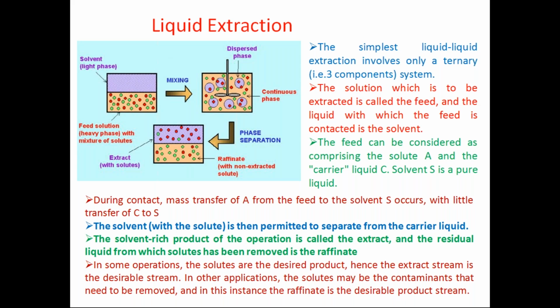Three components means one feed solvent, that is water, and another is organic solvent, that is any organic solvent which you use, starting from chloroform, and there are a number of solvents which can be used. And another one is the acetic acid, or carboxylic acids can be used there. So you have three components. One, the feed solvent, which will be there in the feed with the C component, that is the solute.